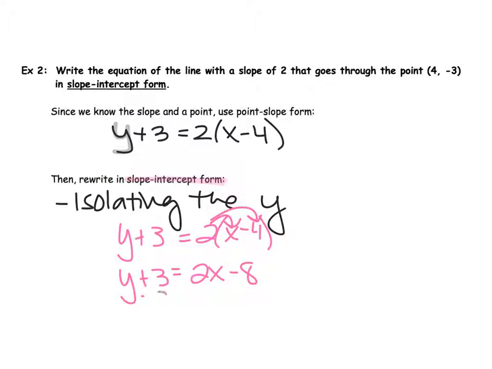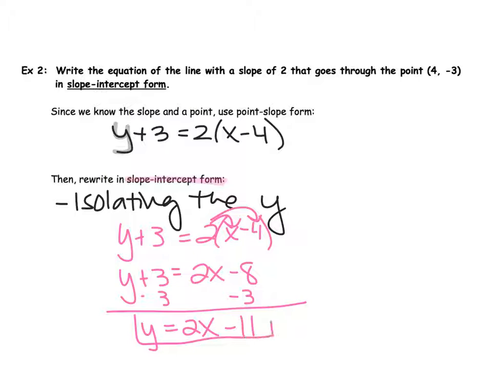I'm going to subtract 3 on both sides here to give me y is equal to 2x minus 11. I can combine 8 and 3 because they're like terms, so that gives me the final equation in slope-intercept form of y is equal to 2x minus 11.